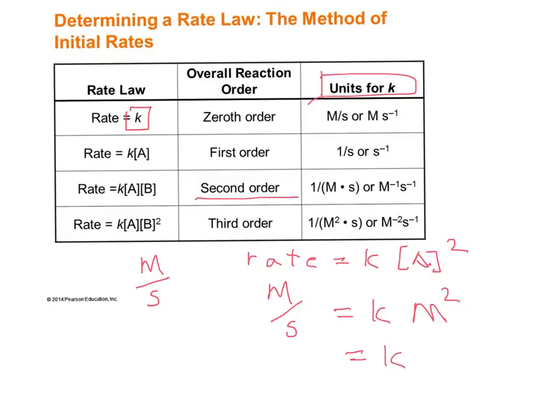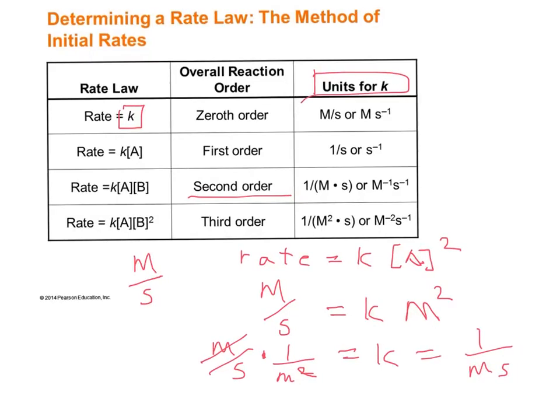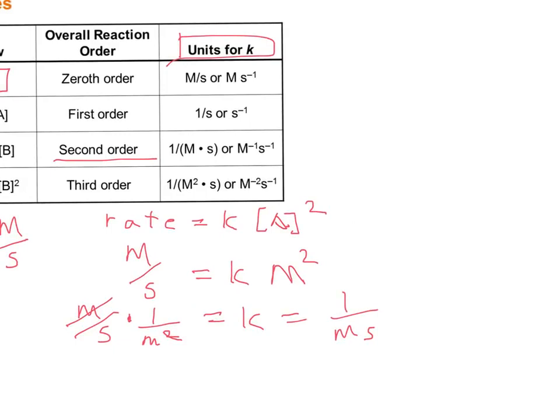So my K would be molarity per second divided by molarity squared, or another way of writing inverse is to the -1 power, right? Those are the same units.